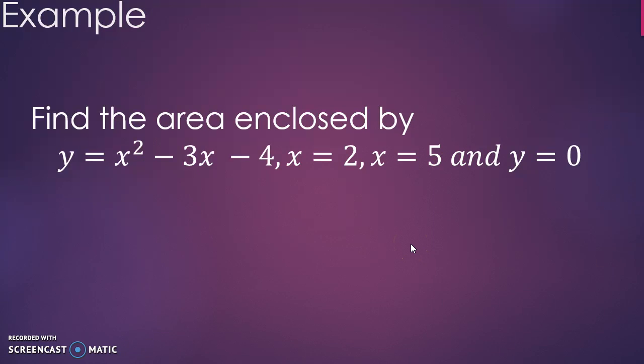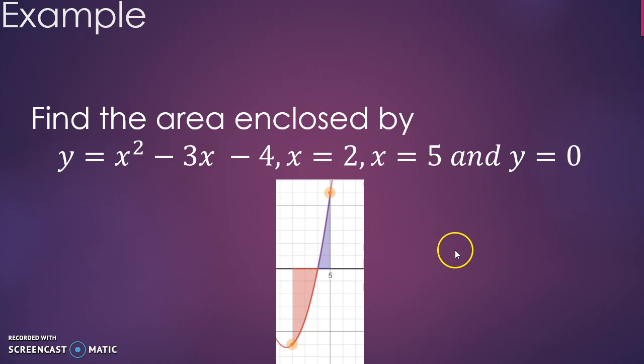We should be familiar by now with calculating definite integrals, and if we look at an example now, we want to find the area enclosed by the function y equals x squared minus 3x minus 4 between x equals 2 and x equals 5, and the x-axis, or where y equals 0. Now with these questions, the best thing to do is to put it into your graphics calculator or a graphing tool and work out what the curve actually looks like between these 2 points. If we do that, this is what it looks like.